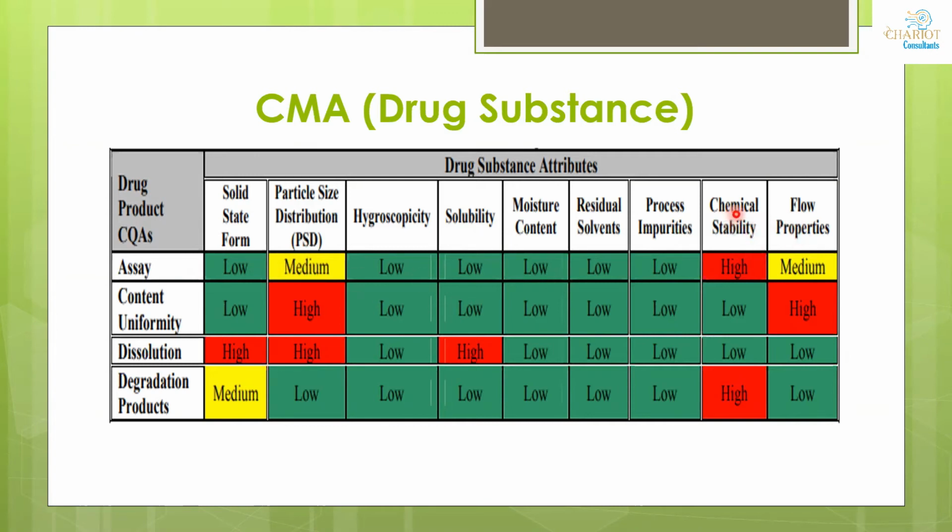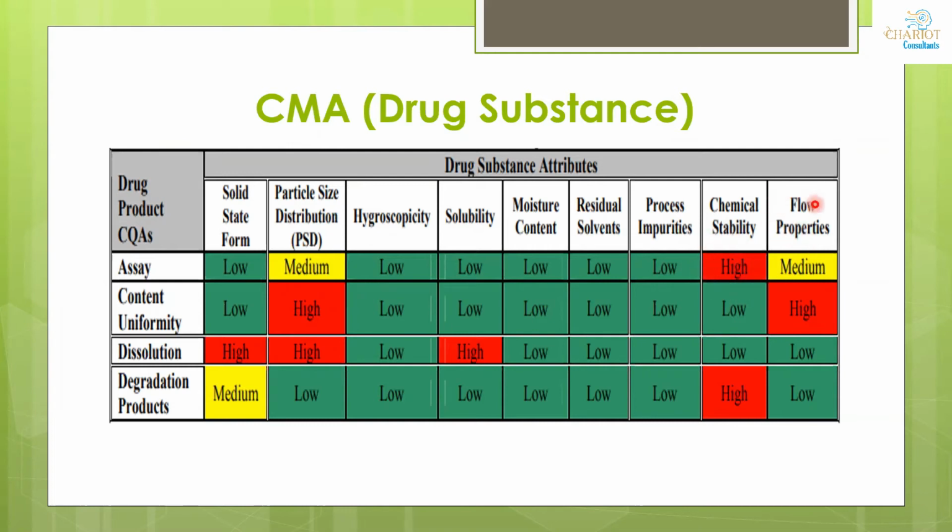Then chemical stability: if the product is unstable, your assay values will decrease, because if impurities increase, assay values decrease and your ultimate potency decreases. So it will have a high impact on safety and efficacy.